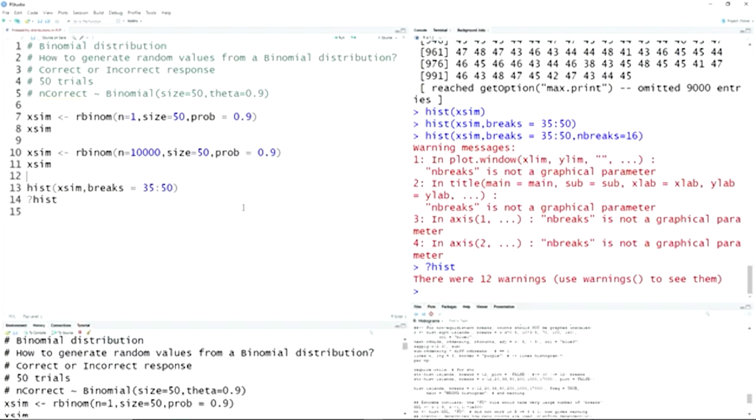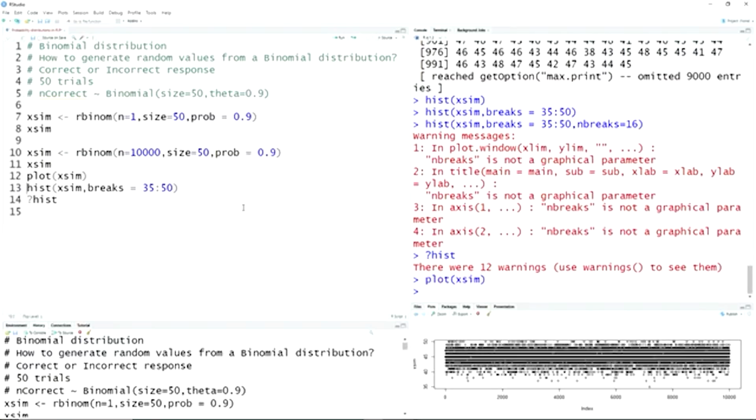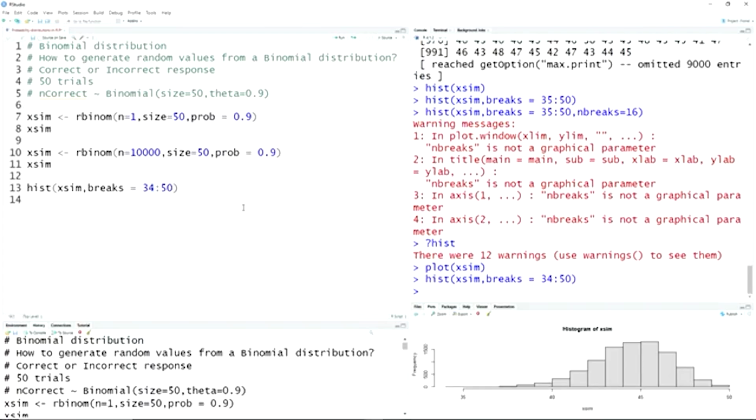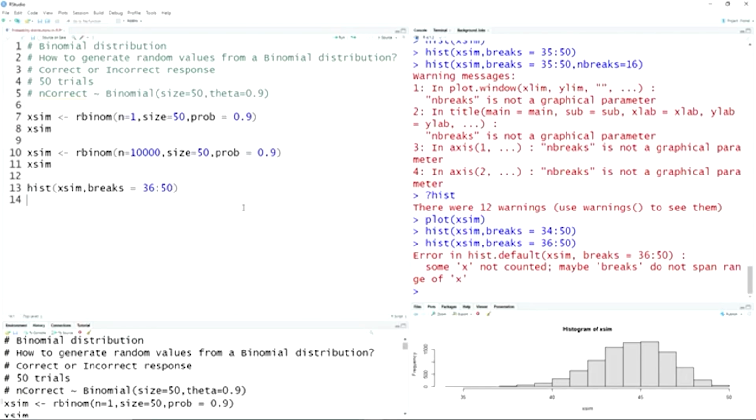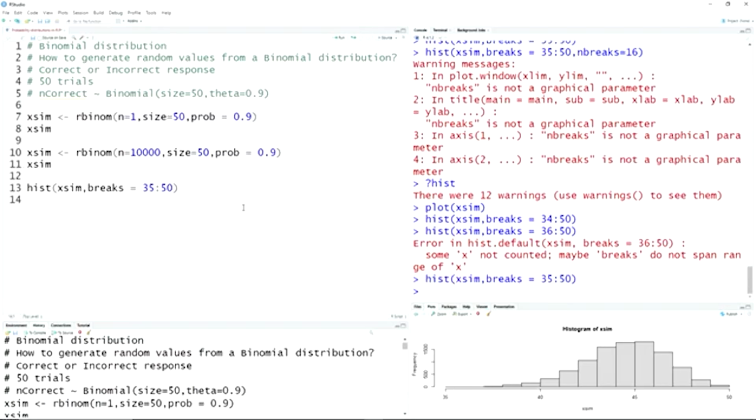I think there should be another way, so maybe I will use the plot function. Okay, fine. Anyway, we can do that later.